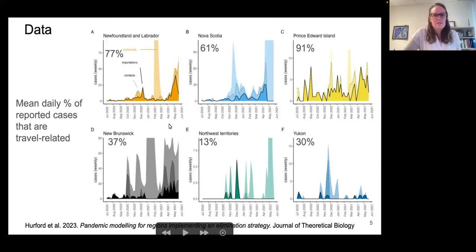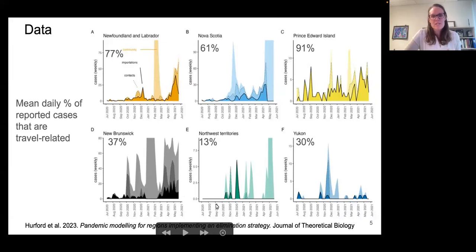And this is the pattern that's seen in Nova Scotia as well, and Prince Edward Island, very little community spread reported at all. New Brunswick is a bit different. You can see there are these regions where you have community cases, and so that was a bit different than some of the other Atlantic Canada provinces.